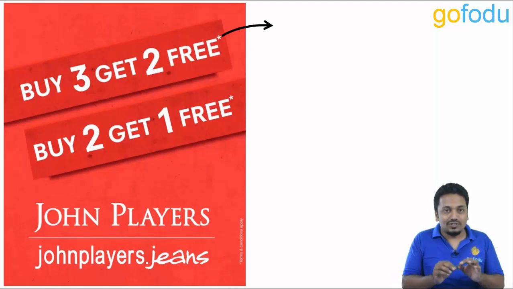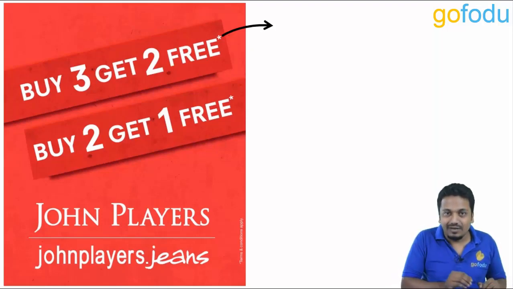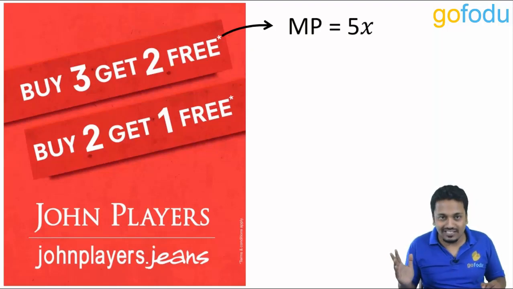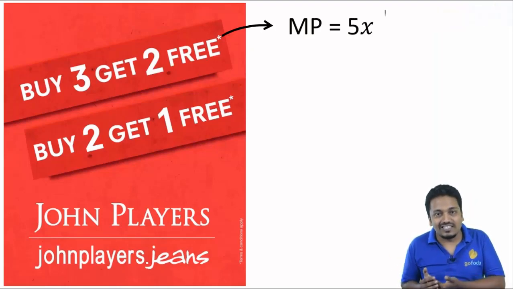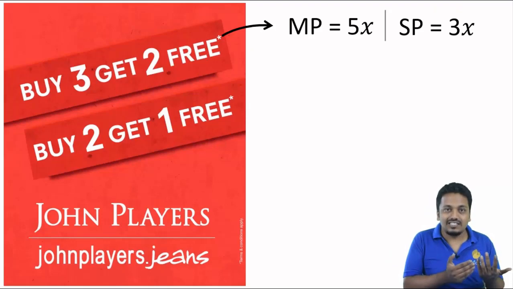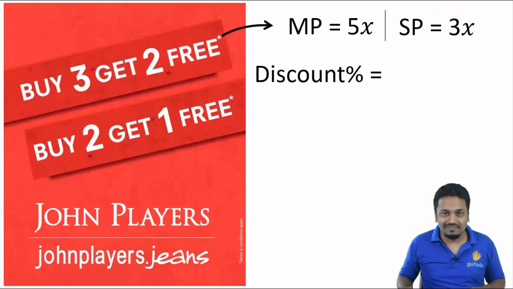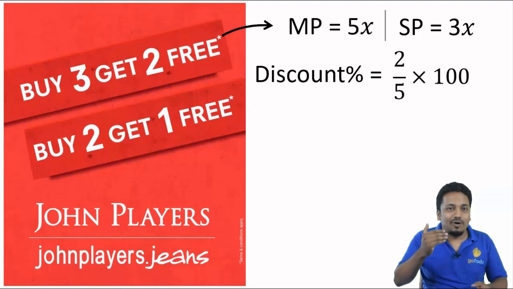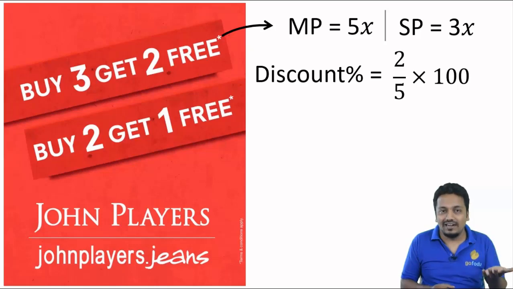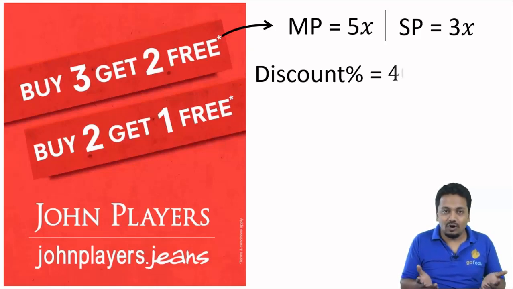If we assume price of each item as X, then price of 5 items will be 5X, which is marked price, and selling price will be 3X, and discount offered is 2X, which is given over marked price. So discount percent will be 2X upon 5X into 100. That will be 40%.